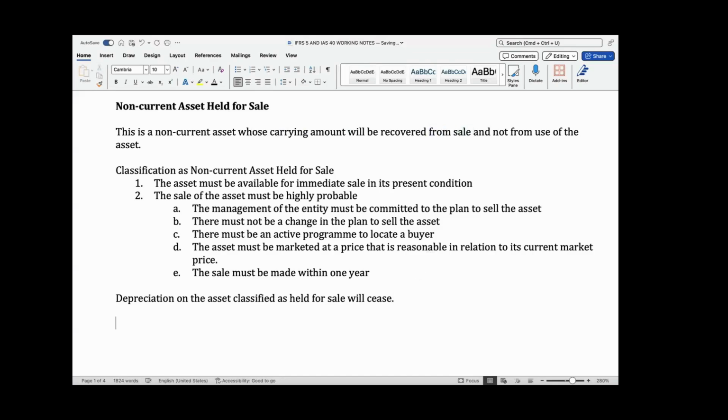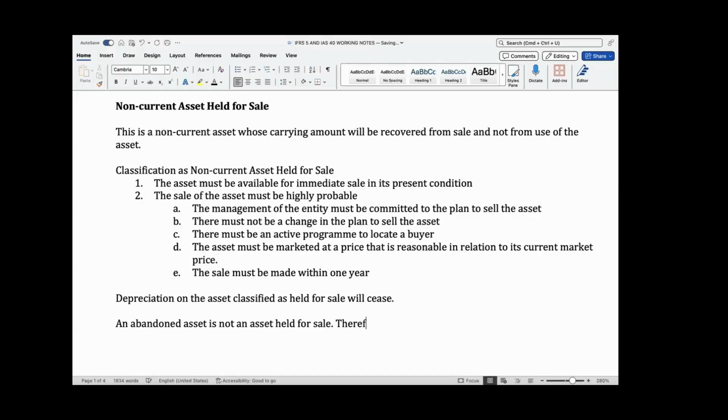Also note that an abandoned asset is not an asset held for sale. When you abandon an asset, when you have an asset that you don't know what you want to use it for yet, but it is there, that is different from an asset held for sale.